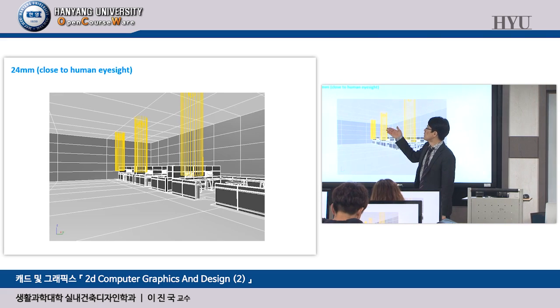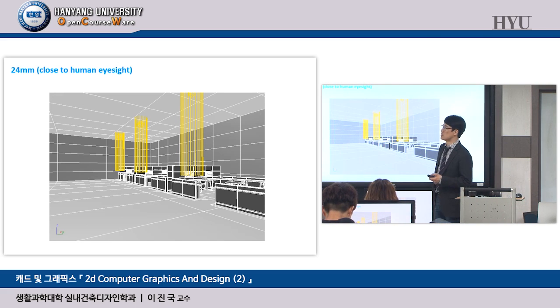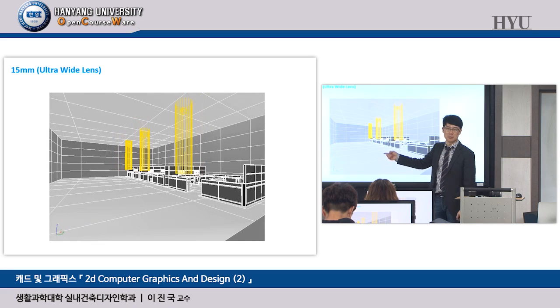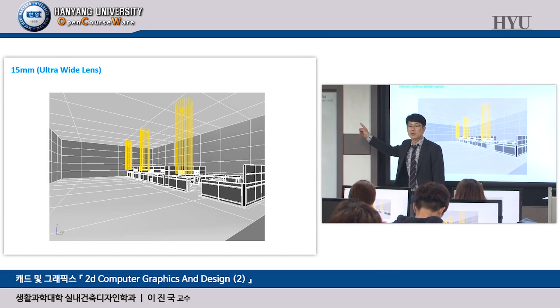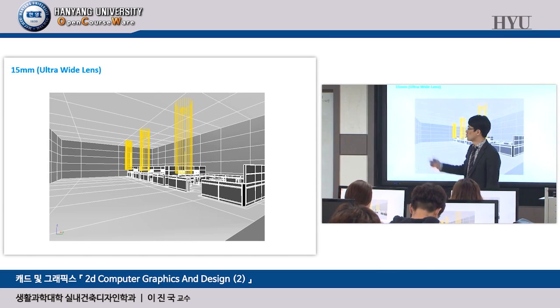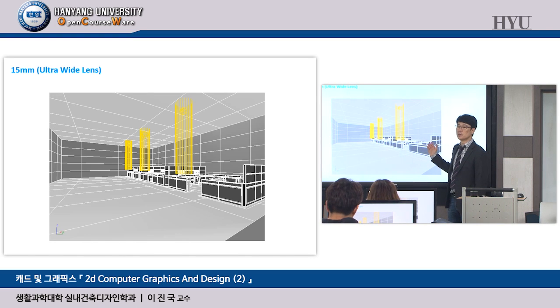In other words, a shorter focal distance than 24 millimeters, such as a 15 millimeter ultra wide view. This is very special, okay? The term special that I wrote on the whiteboard. Looking very special, looking professional, looking architectural.